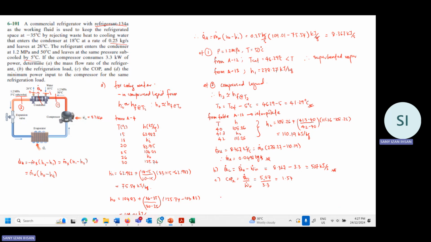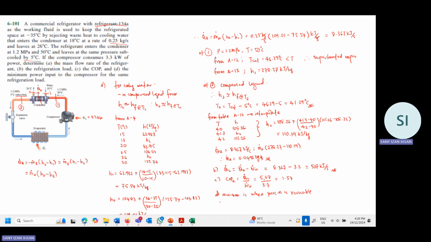Okay, all right, the last one, the minimum power input to the compressor for the same refrigeration load. The minimum is when the process is reversible.